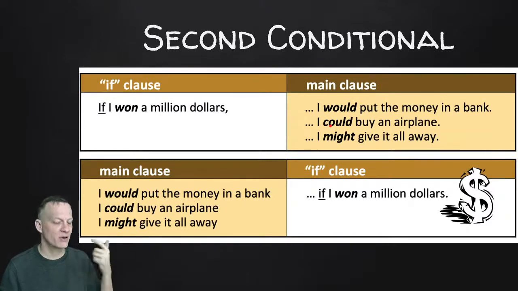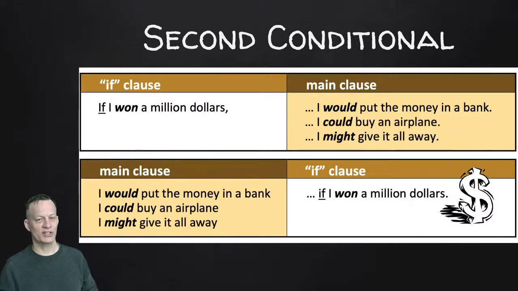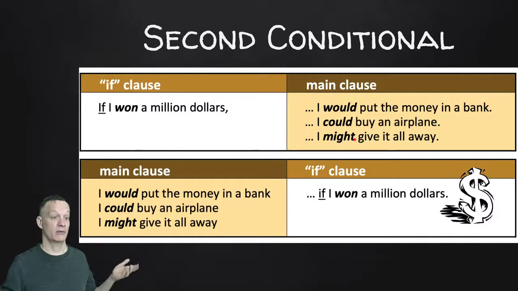I repeat present a lot because later when we do the mixed conditionals, you will see why this is important to remember, that this is a present hypothetical. I could buy an airplane now if I won $1 million. I might give it all away. I don't know. I would have to see. So we can switch these two around.